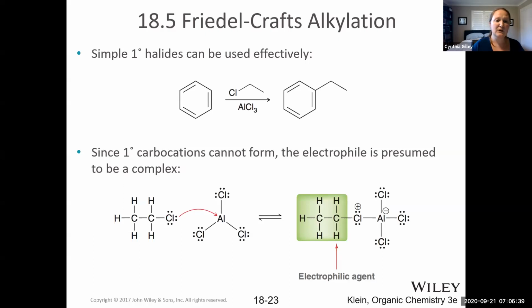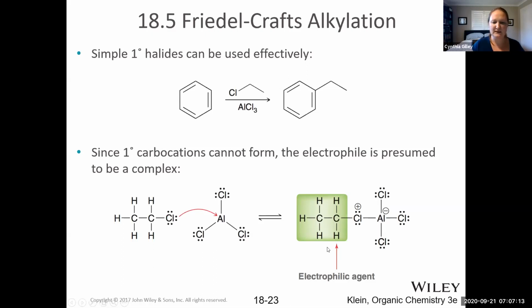By the way, we could also introduce a methyl group. So instead of ethyl chloride, if I had had methyl chloride, for example, I would have introduced a methyl group here, and that reaction works just fine, again, with the Lewis acid catalyst. So because simple primary carbocations cannot form, the electrophile is presumed to be the complex that's formed between the alkyl halide acting as a Lewis base, reacting with the Lewis acid, which is the aluminum trichloride.